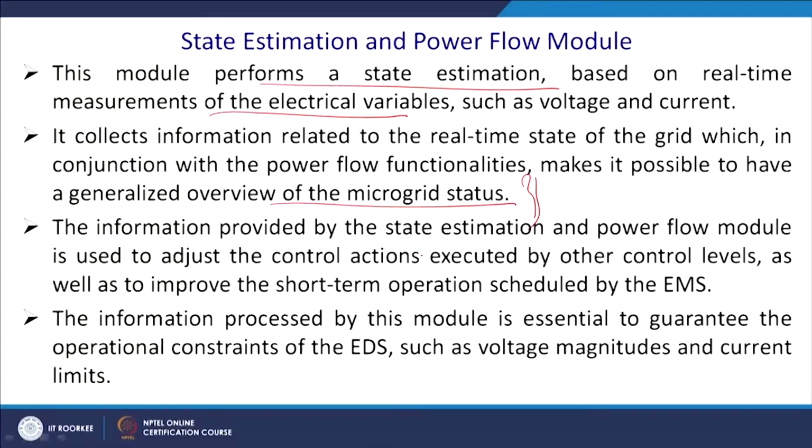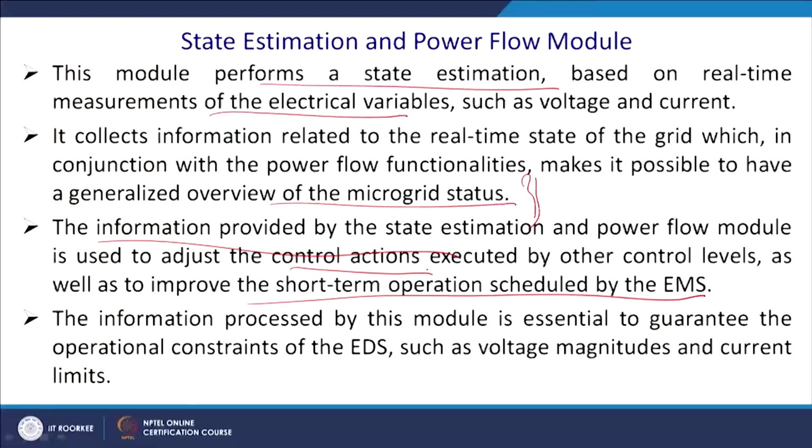The information provided by the state estimation and the power flow module is used to adjust the control action executed by other control levels, as well as to improve the short term operation scheduled by the EMS. So, that is also something we need to understand. We get a different level of voltage and current.